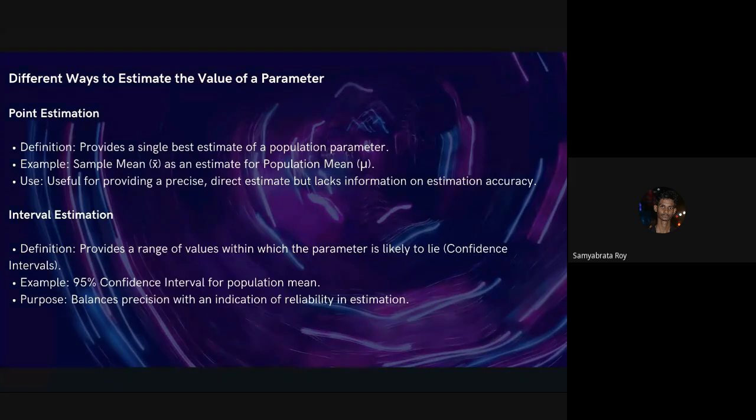Like I have given a range a comma b, and I'm 95% confident that my actual population parameter lies within that interval only. In this scenario, we call it an interval estimator, and the confidence which I am showing is called the confidence interval. Okay. Any doubt so far?